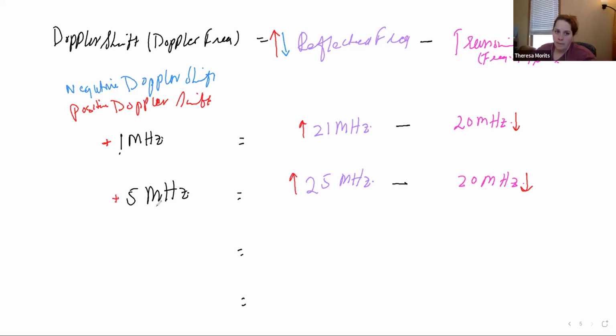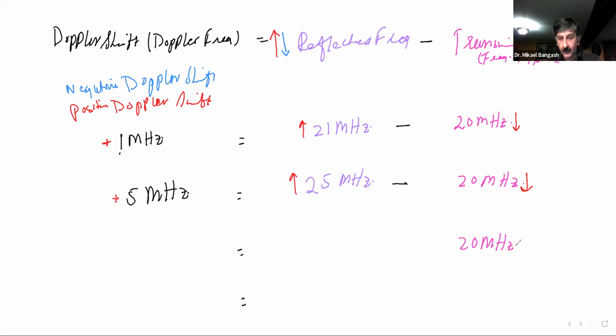Yep. Good. Now if we do it the other way, let's say we still have the same transducer, which still transmits at a 20 megahertz frequency. But in this case our reflected frequency is going to be 19 megahertz. Now you have $19 and you spend $20. What's going to happen?